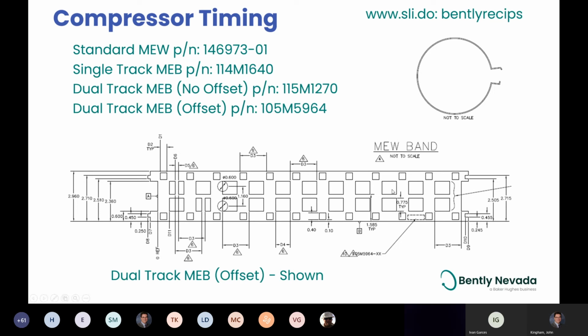So we need it to be within the thousandths. This band is laser cut out of sheet steel, and it's bent to the proper circumference, and then bolted together here to keep it on the shaft. So with this offset, we'd have one prox probe at this location, and the other prox probe at this location.